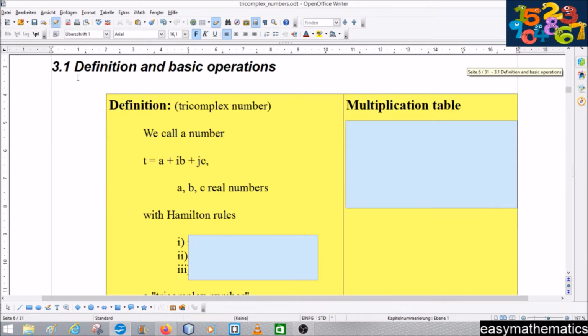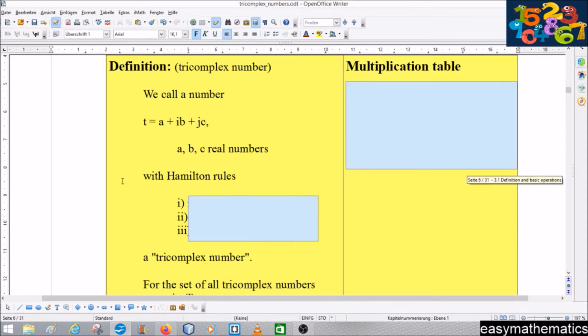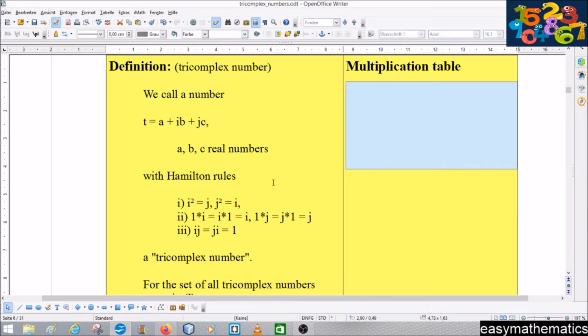So a tricomplex number, we call a number t of the form a plus ib plus jc, where a, b, c are real numbers, a tricomplex number with Hamilton rules: I squared equals j, j squared equals I, 1 times I is I times 1 is I, j times 1 is j, and I times j equals j times I and equals 1.